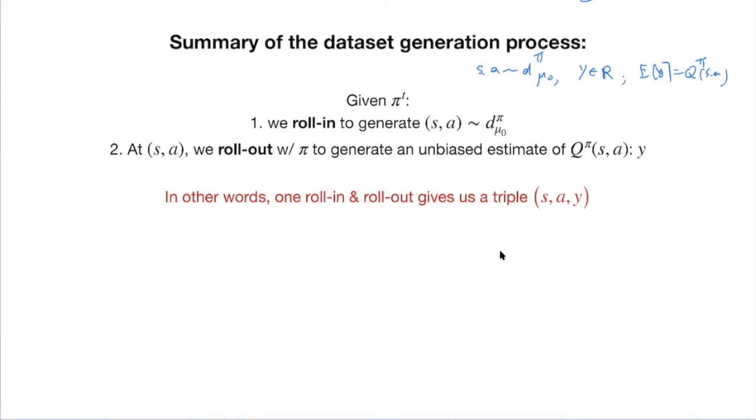Then at this state action pair, we apply the roll-out process to generate an unbiased estimate of our target Q pi SA. So this gives us a triple: the state action pair and the corresponding estimate of Q pi SA.